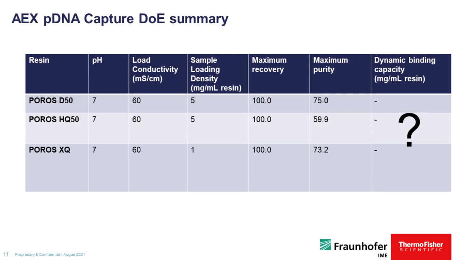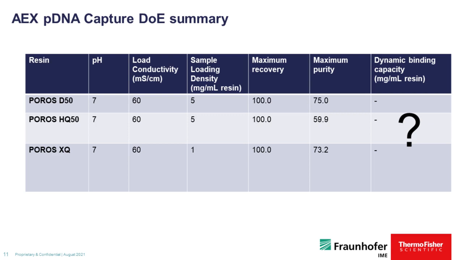The porous HQ favored a lower sample loading density of 1 mg per ml, while the D50 and the XQ favored a 5 mg per ml sample loading density. They all obtained similar maximum recoveries, but they had slightly different purities of supercoiled DNA, in which it was better for the D50 and HQ resin at approximately 73 and 75% purity.